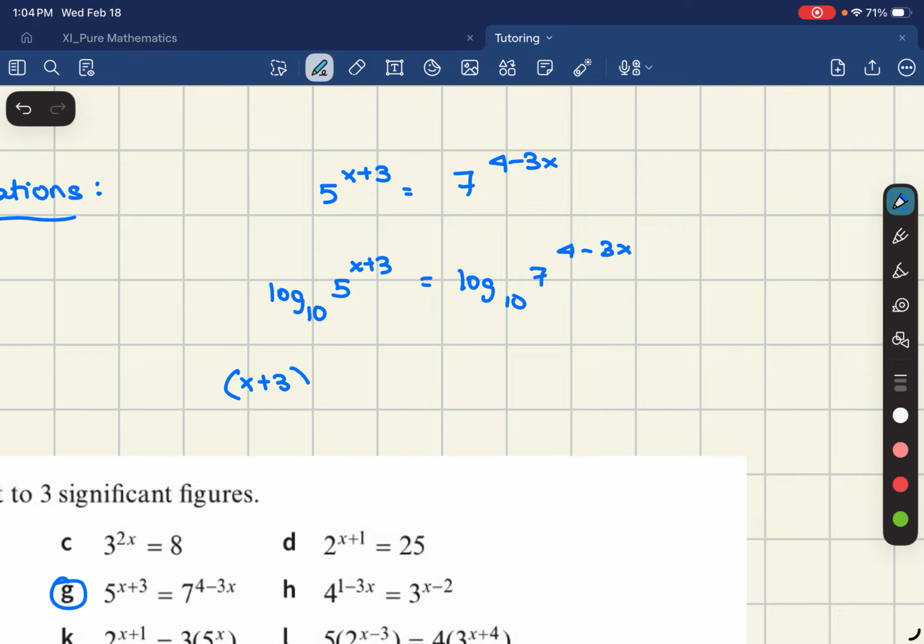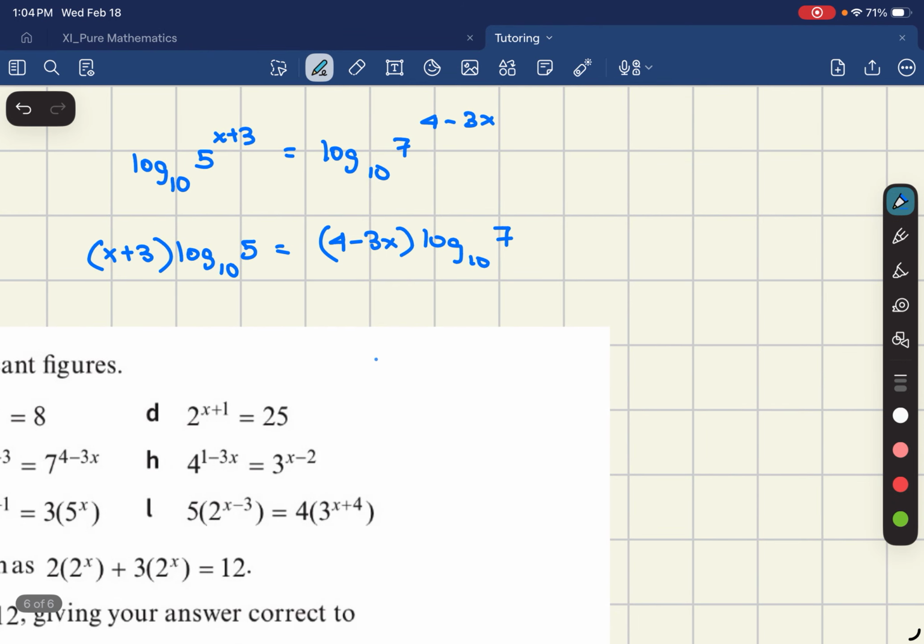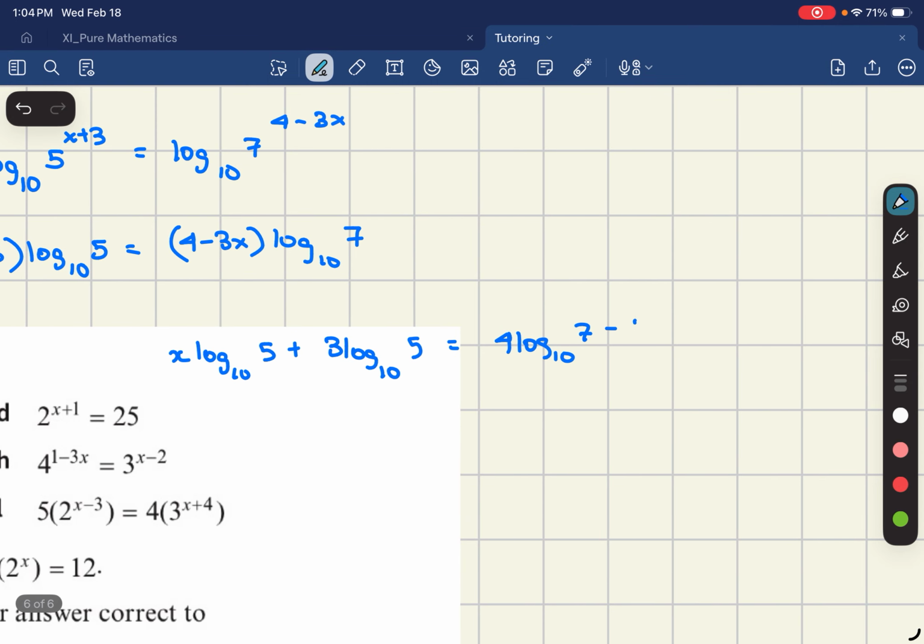So (x plus 3) log base 10 5 equals (4 minus 3x) log base 10 7. And now I want to distribute this because I want to isolate x. I'm looking for x. So x log base 10 5 plus 3 log base 10 5 is equal to 4 log base 10 7 minus 3x log base 10 7.